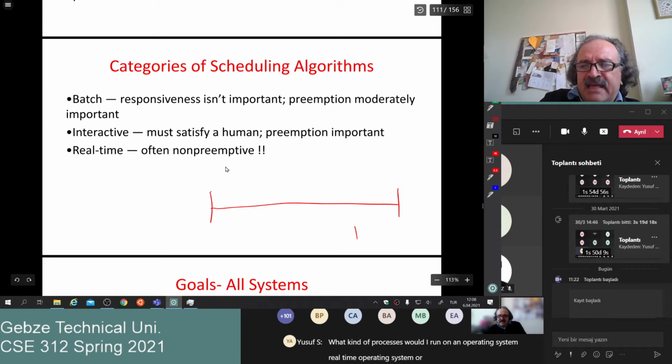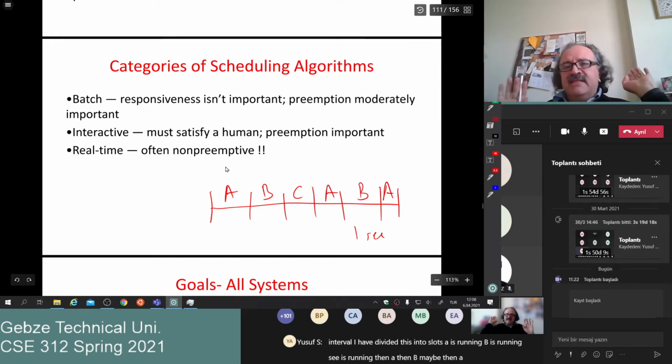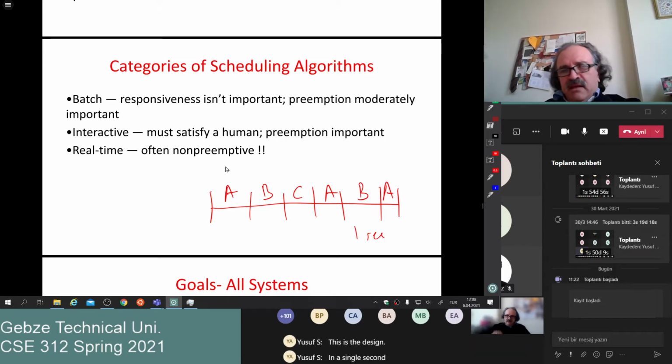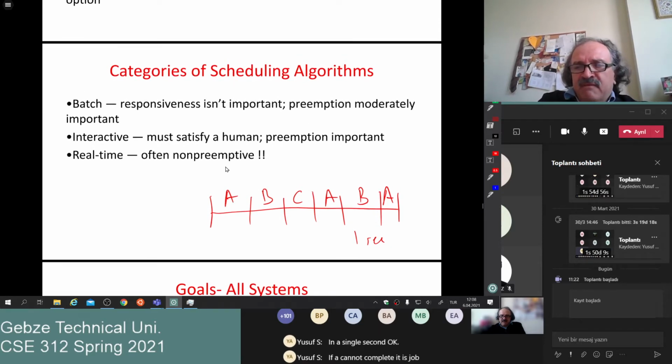Okay, let's say in a 1 second interval, I have divided this into slots. A is running, B is running, C is running, then A, then B, maybe then A again. This is the design in a single second. If A cannot complete its job within, let's say, 100 milliseconds or 200 milliseconds, then that means that A is not done.